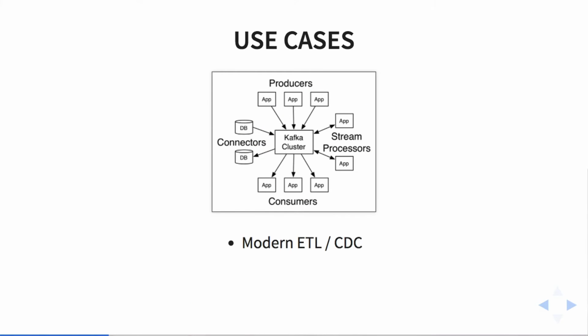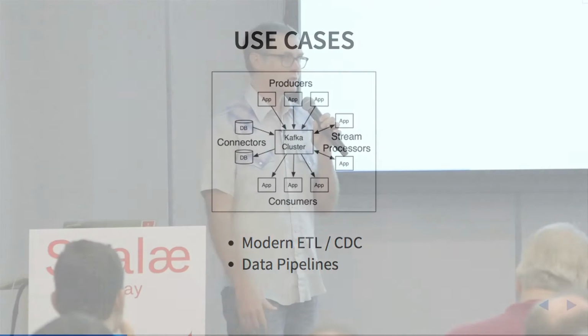Some of the use cases for Kafka, what I have seen it used for, are things like modern ETL and CDC, change data capture. Those are pretty common uses for Kafka. Data pipelines is what I think probably the majority of people are using Kafka for, building these data pipelines like Jay talked about, hooking together analytics with all sorts of other integration tasks.